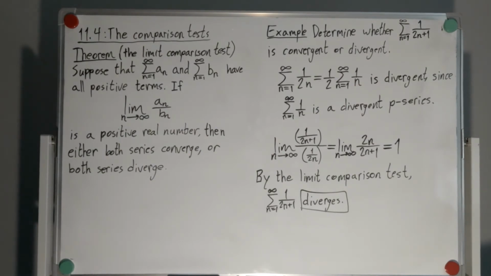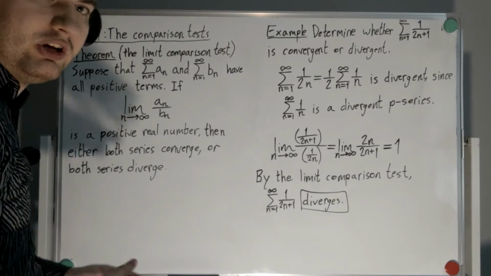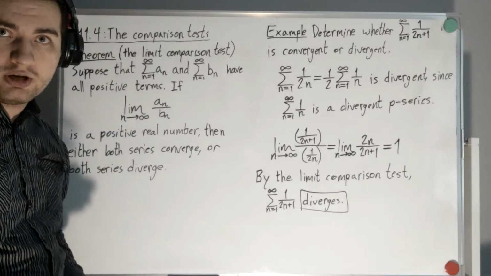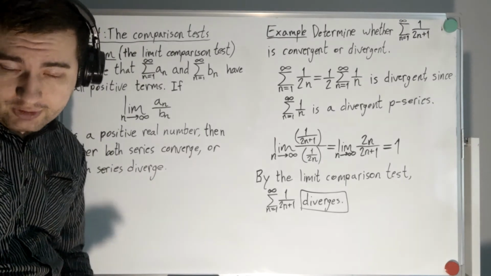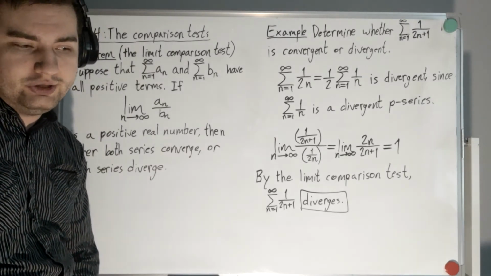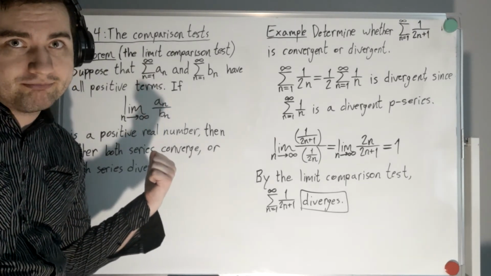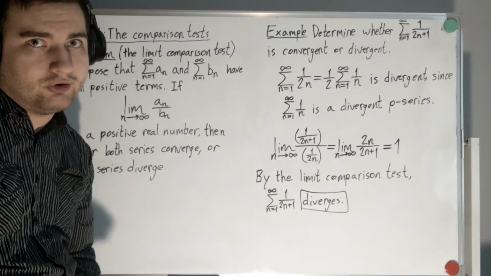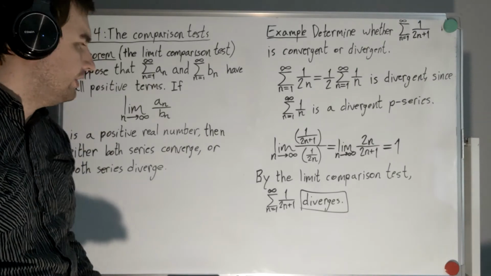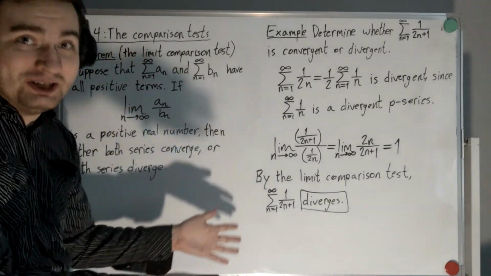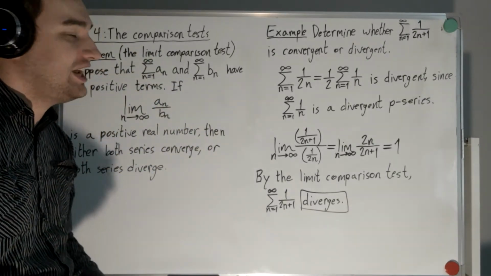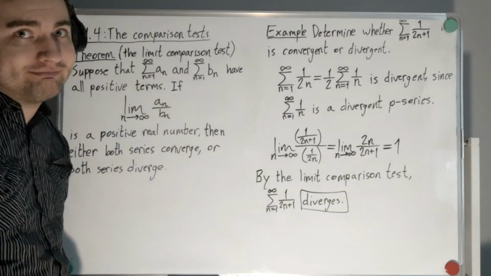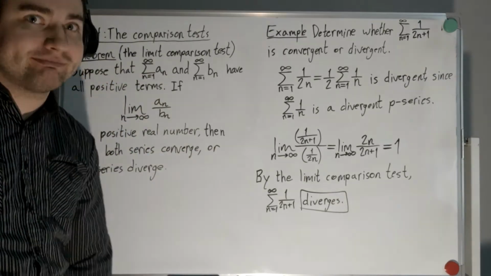So this one is kind of a little bit easier to use, right? It has different utility. Like, you can't just use this for every problem that's like this. Sometimes the comparison test really is your only way out. But often, when the comparison test can't help you much, this can. And vice versa.